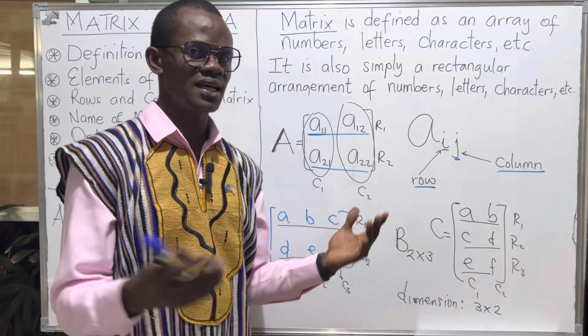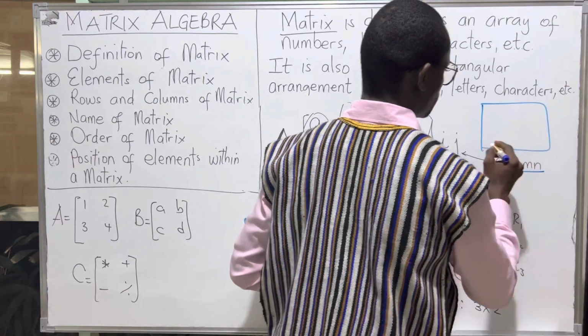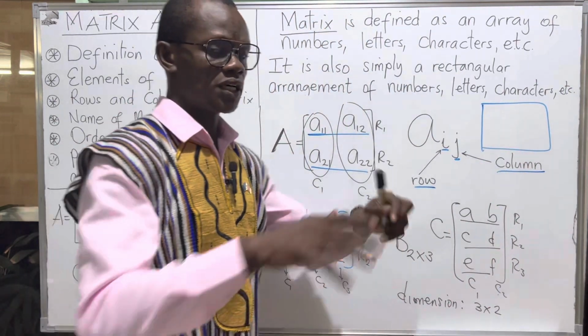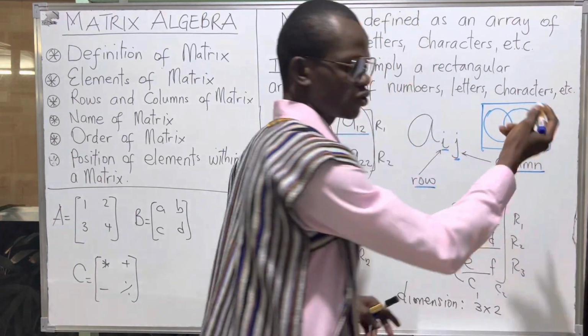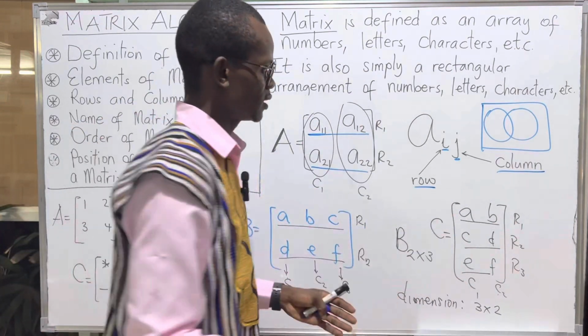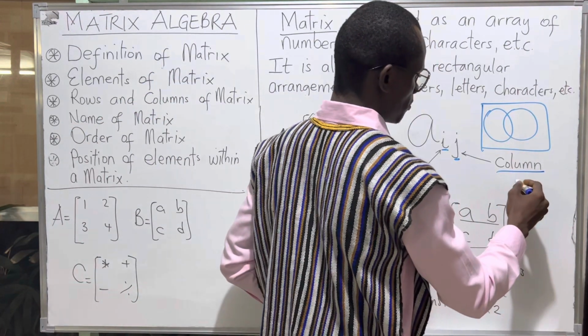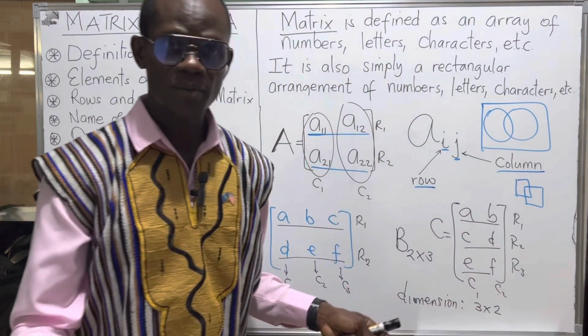One thing I also want to say is that we don't always use parentheses to diagram a matrix. It is like with sets: for the universal set, we don't always use circles to represent the combination of two or more sets. We can also use square boxes or rectangular boxes.